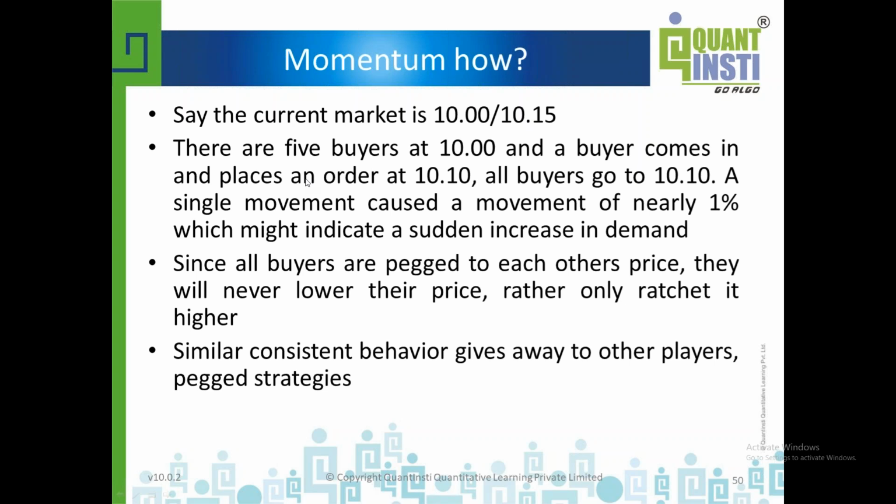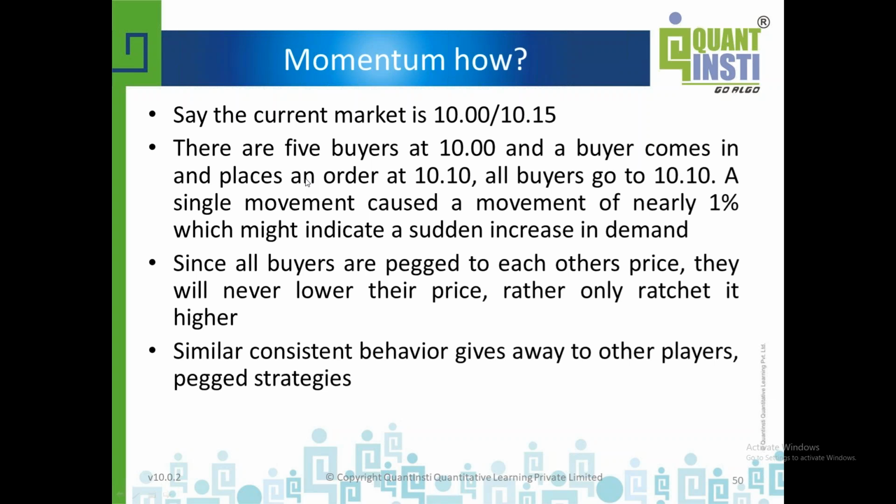Now, there are 5 buyers at 10, and a buyer comes and pegs an order at 10.1. It's quite possible that all the buyers go to 10.1, just because one person pegged it to 10 cents. So the bid order came at 10.1 and then buyers are following.